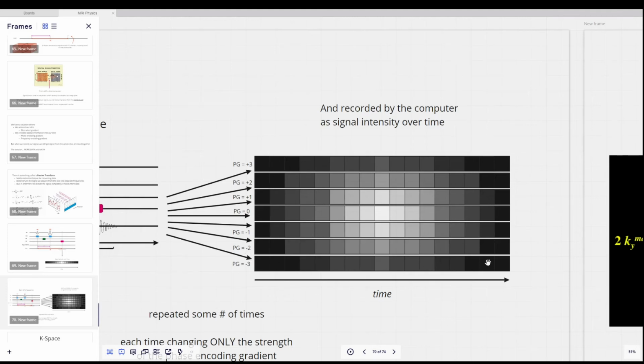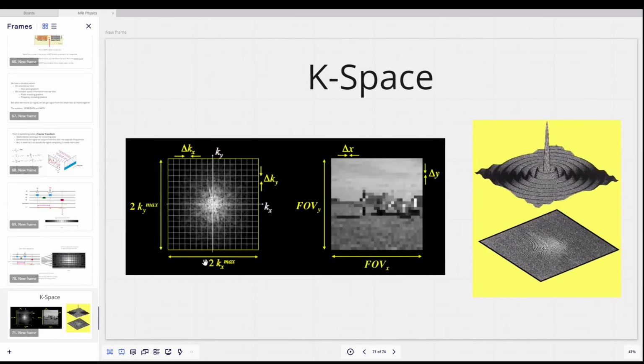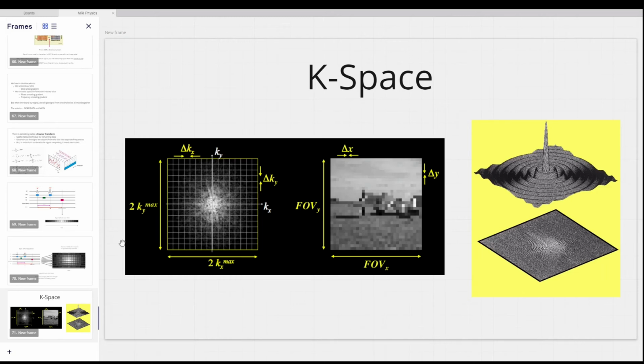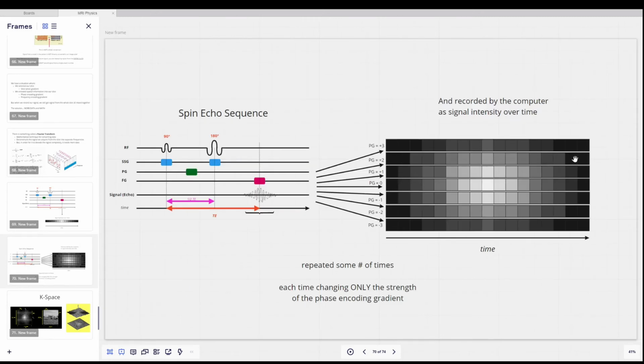So this should look pretty familiar to some of you, right? What is this? What did we just create? This is K-space. This is all that K-space is. K-space is literally just the information where your computer is plotting, your MRI is recording how much signal you're getting and then plotting it over time, and doing it at all these different strengths of the phase encoding gradient.